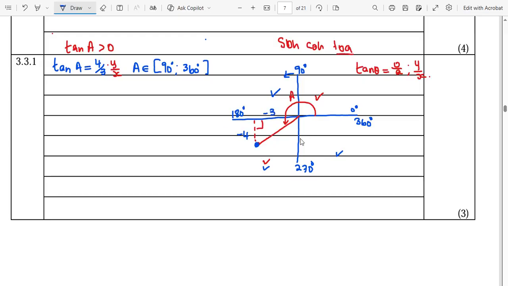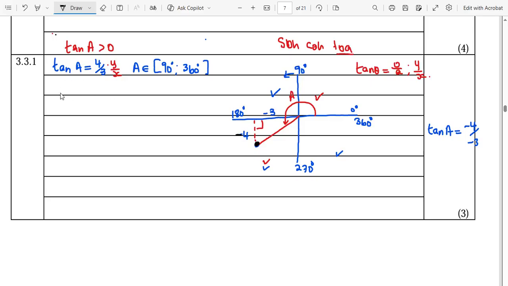Now it makes sense, because it's like saying tan A is minus 4 over minus 3. The negative cancels. They are trying to play with your mind here, so please don't fall for that trap. When you substitute, it's minus 4, not 4. They don't put the negatives there just to see if you know that in quadrant 3, the y and x values are negative.